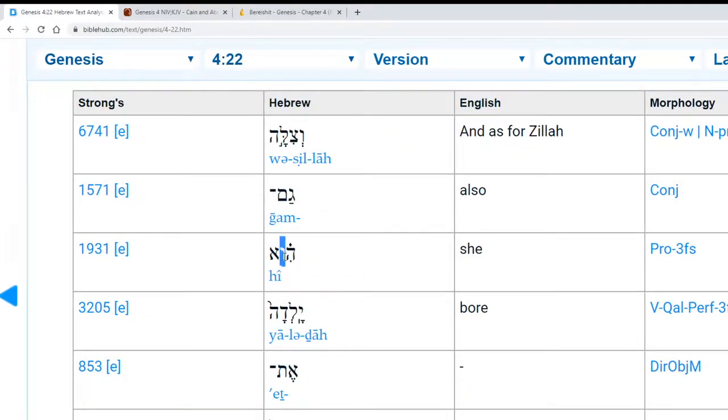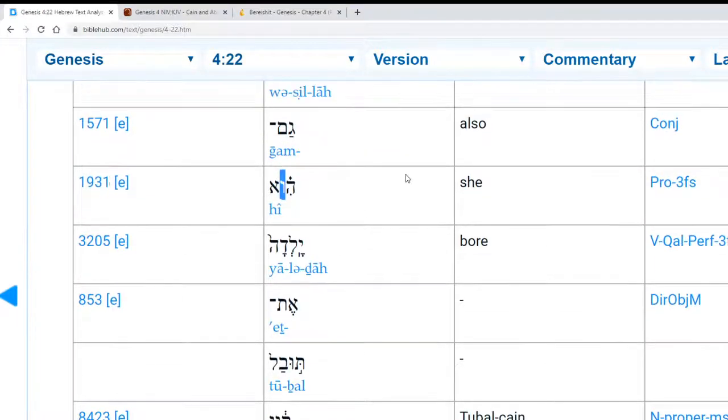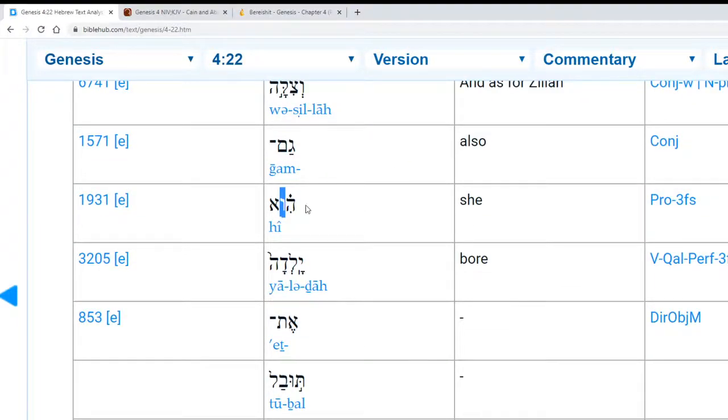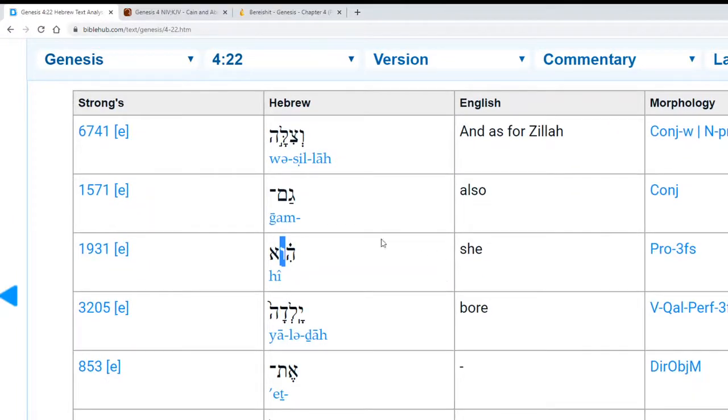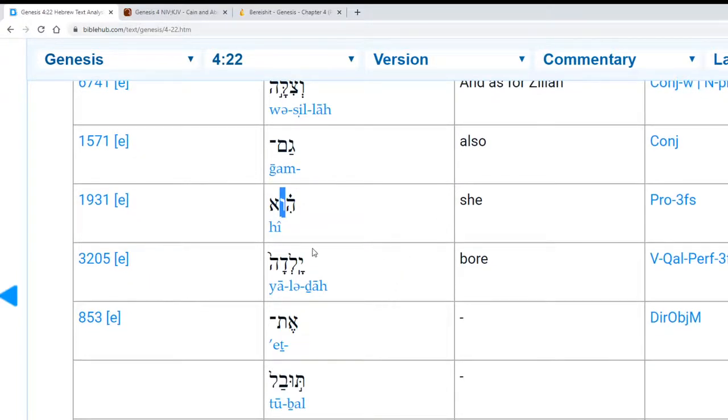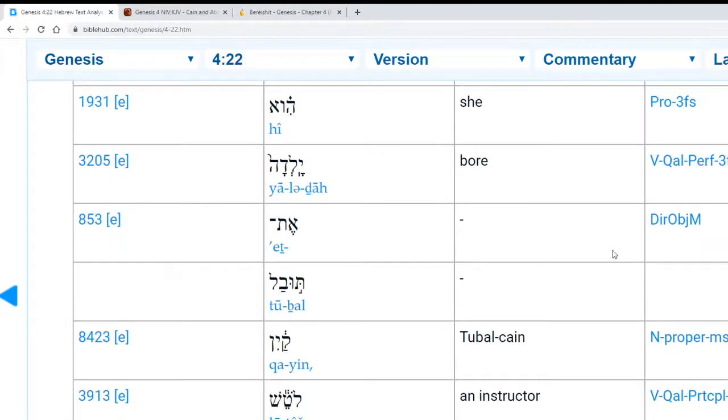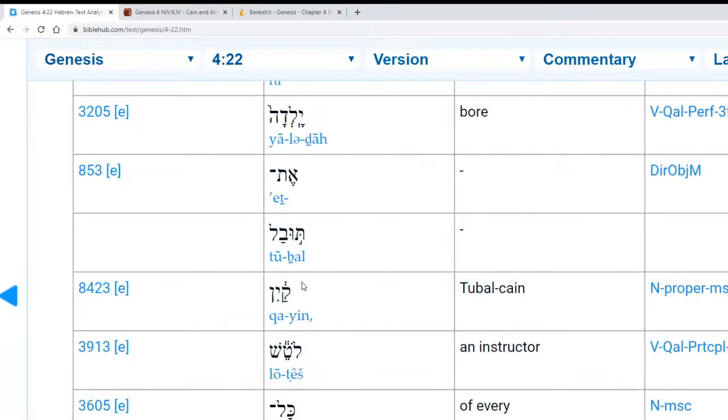And like I said before, that hi has that silent vav there, which is confusing, but so hi is she, right? Also, and it's gam hi yalda. She also gave birth. Et, direct object marker, Tuval Kayin.